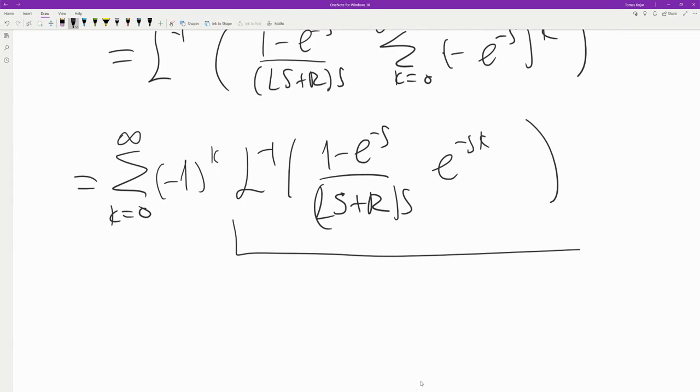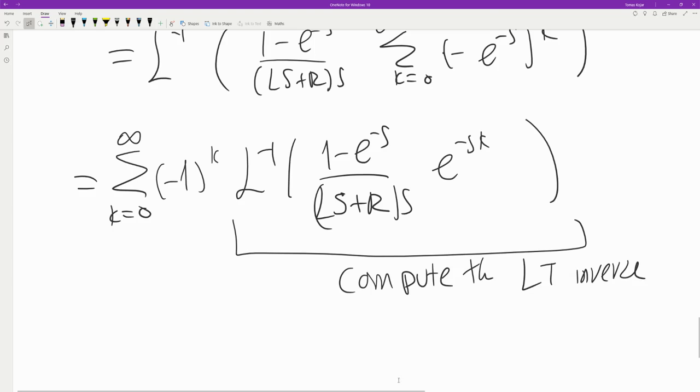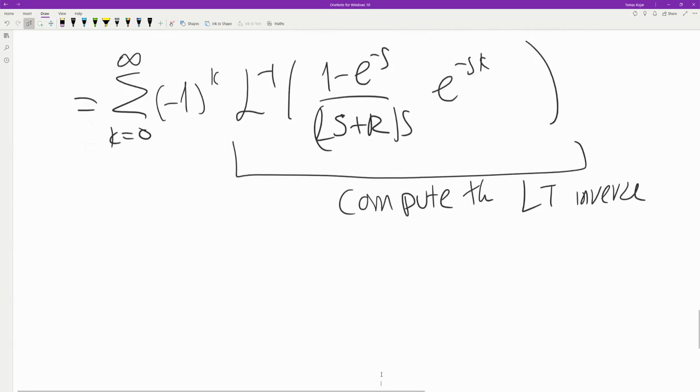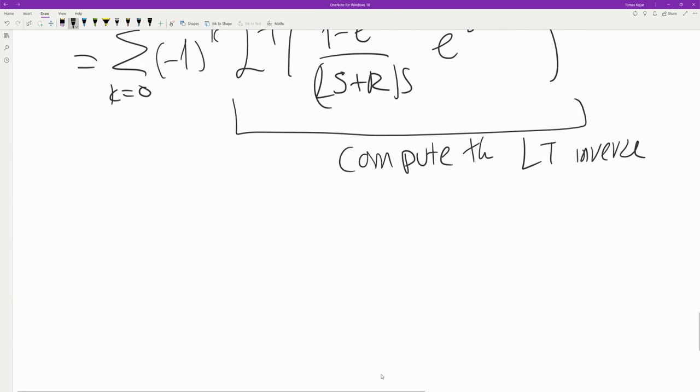Good, so now we have to find this. All right. By partial fractions, we have the following.